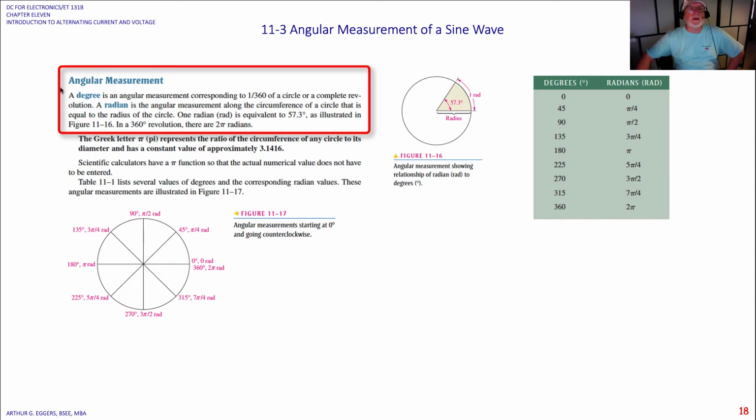In angular measurement, a degree is an angular measurement corresponding to 1/360th of a circle, or a complete revolution.